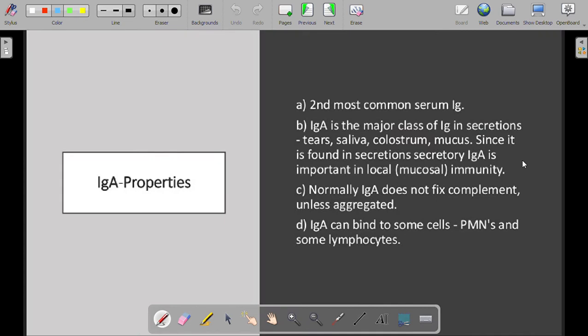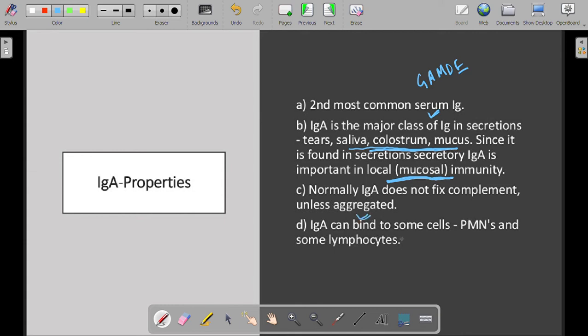So what are the properties of IgA? It is second most common in the serum, as we have seen in G, A, M, D, E. IgA is the major class of immunoglobulin in secretions: tears, saliva, colostrum, mucus. Since it is found in secretions, secretory IgA is important for local mucosal immunity. Normally, IgA does not fix complement unless aggregated.